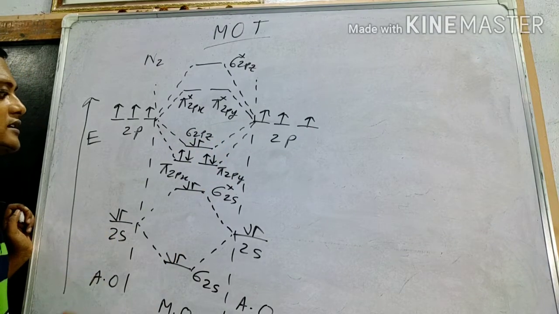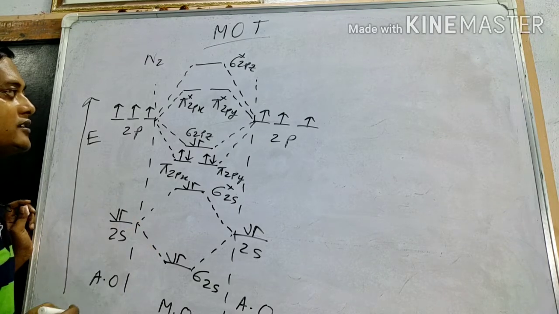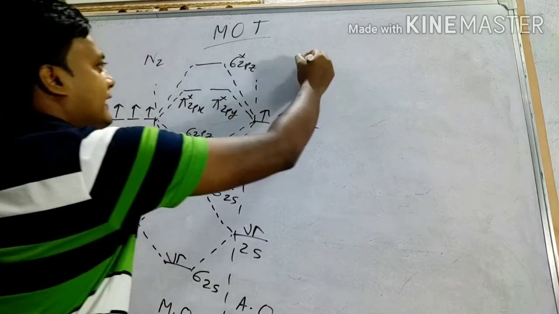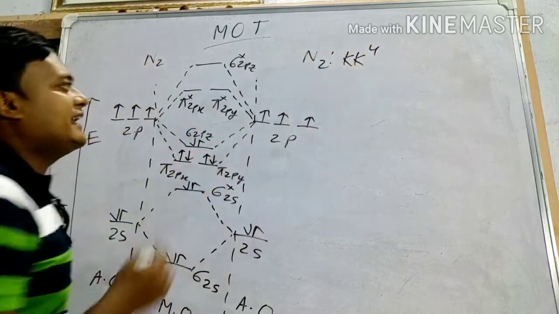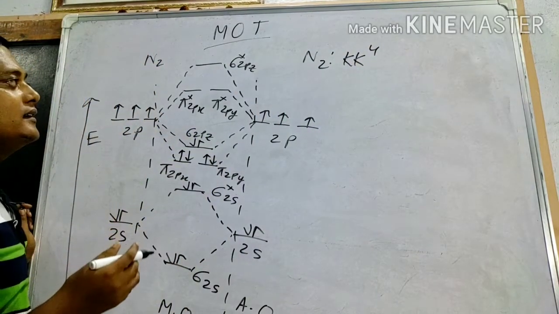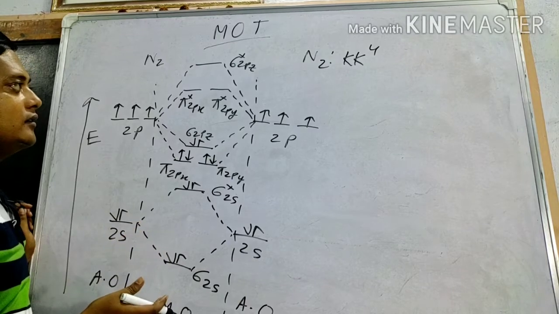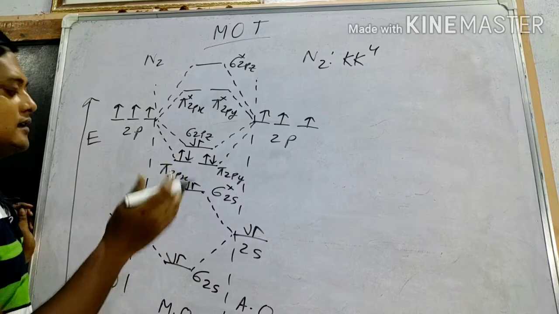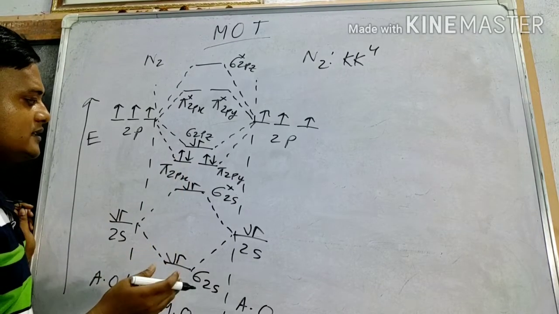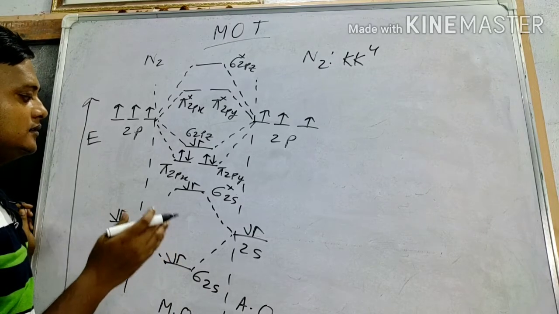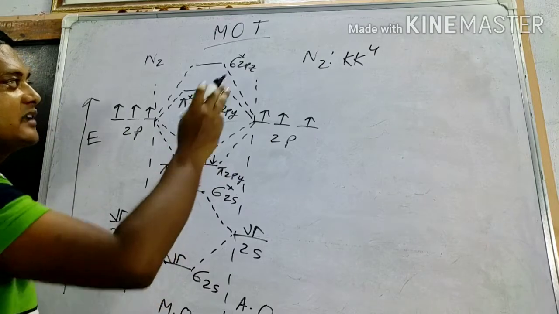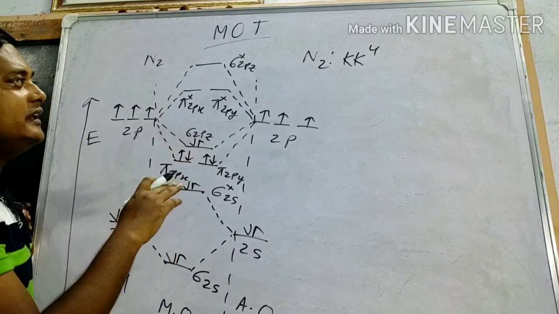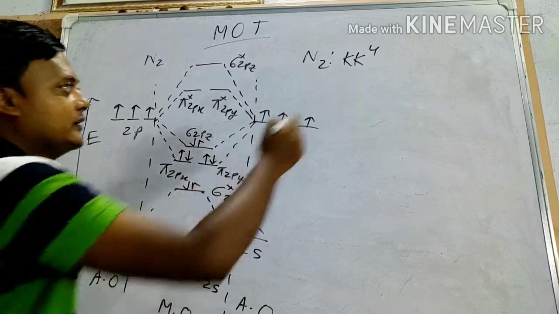So what is the molecular electronic configuration of N2? Now KK4. That KK4 indicates the inner orbitals, sigma 1s and sigma star 1s, total 4 electrons. Out of that 4 electrons, 2 in bonding, 2 in anti-bonding.